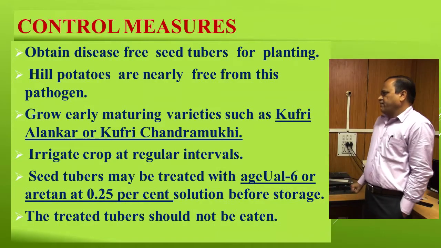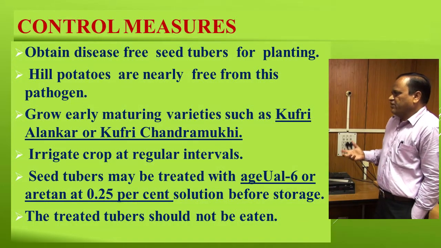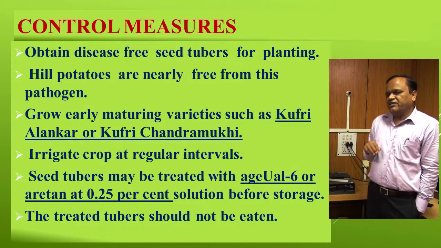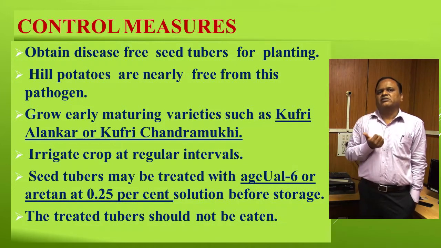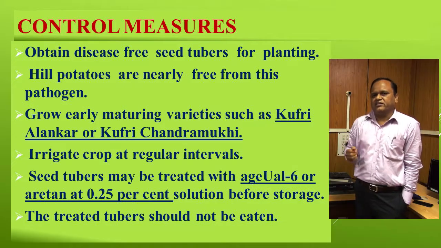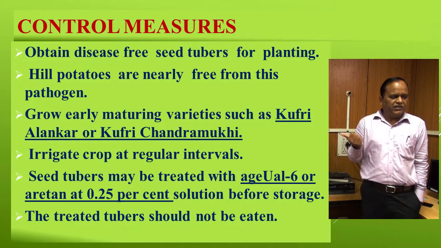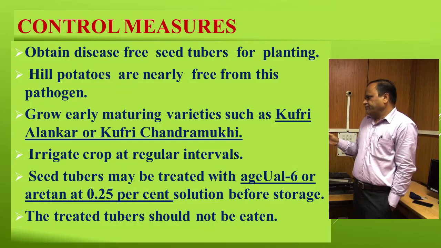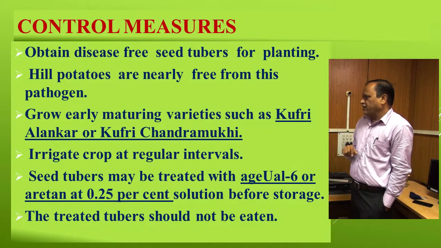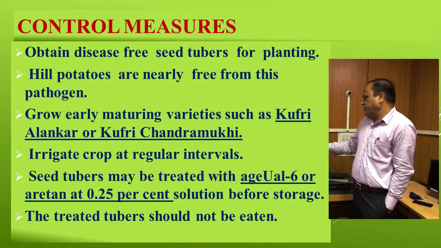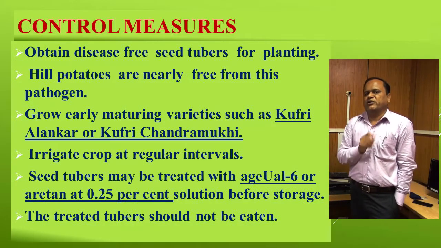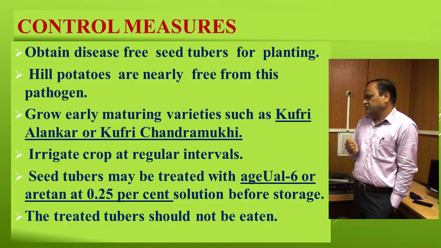Now the control measures. It is always advisable to obtain disease-free seed tuber for planting. Hill potatoes are nearly free from these pathogens, so it is advisable that you procure tubers from the hilly areas so that there will be no disease, and grow early maturing varieties such as Kufri Alankar and Kufri Chandramukhi. Kufri Alankar and Kufri Chandramukhi are early varieties and somewhat tolerant to this disease.